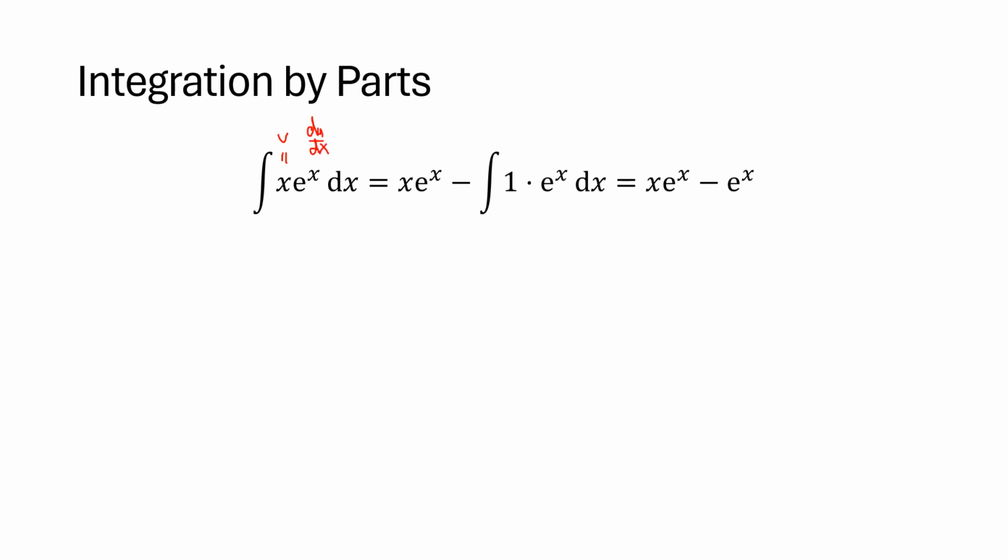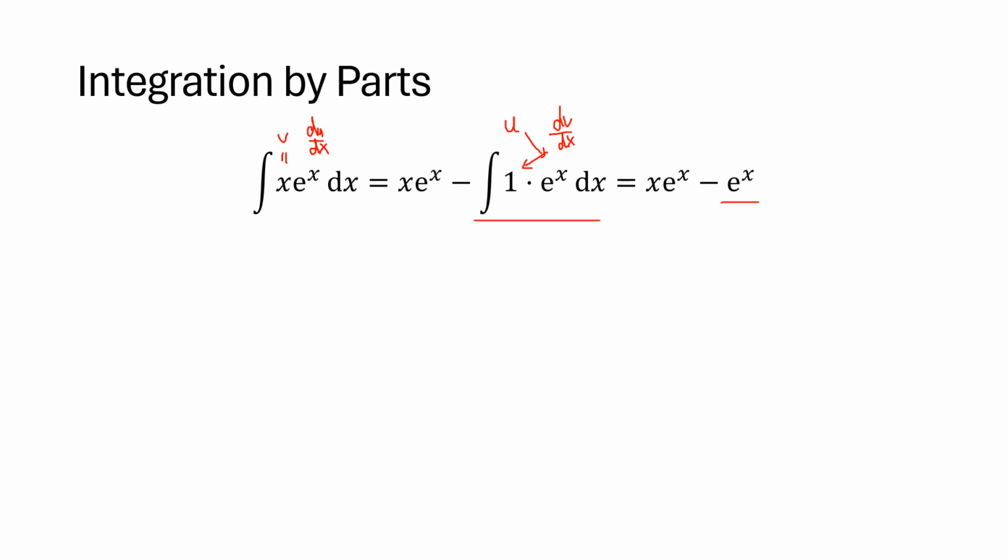Let's see why this is good. This last integral simplifies to dv over dx, which is 1, and u becomes e to the x. And this integral is just the integral of e to the x, which is just e to the x.